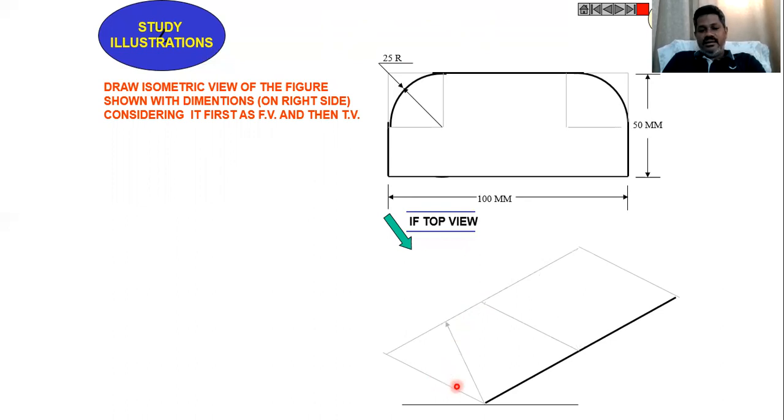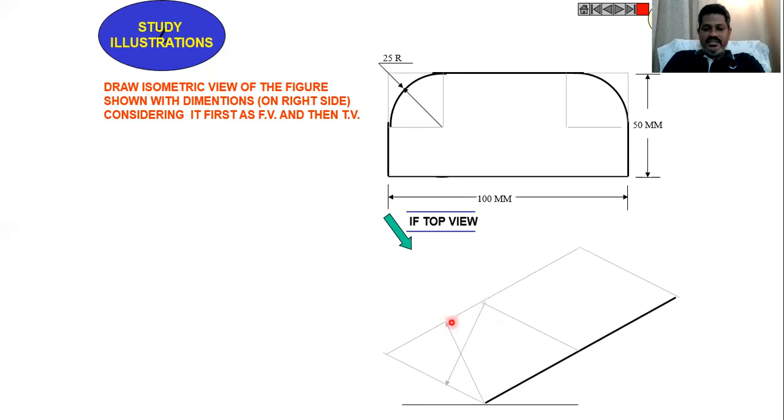Then I repeat this, then draw a line from this point to the midpoint. Then draw a line from this corner to the mid of this half length like this. From this corner to the midpoint of this length, from this corner to the midpoint of this half length.